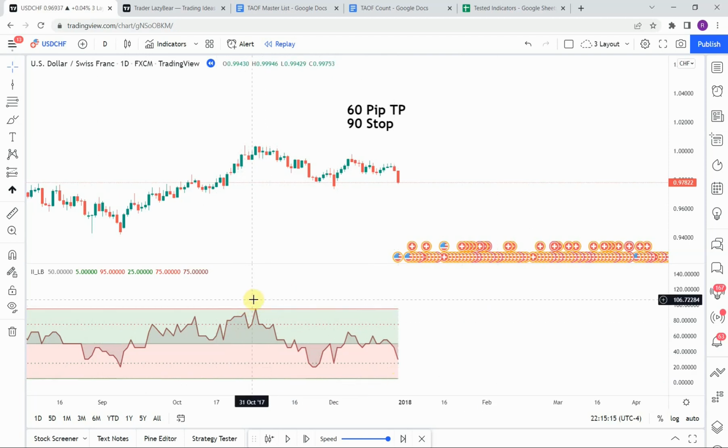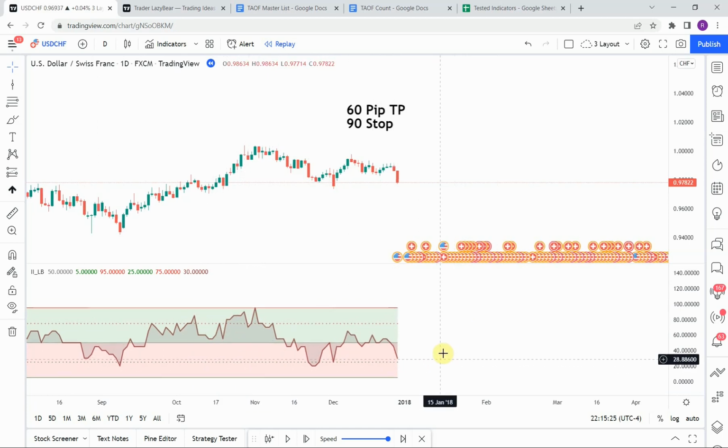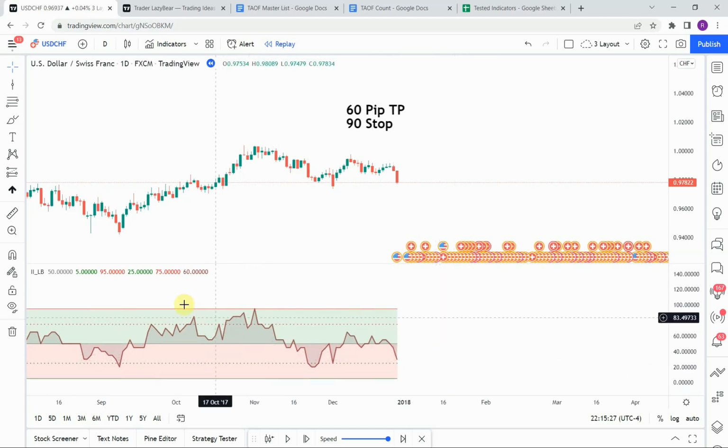Up above, you would look for it to break above and then come back down, crossing below that 95 level. Below, you would look for it to break down and then cross back up above that 5 level. That would be a short signal above and a long signal below.